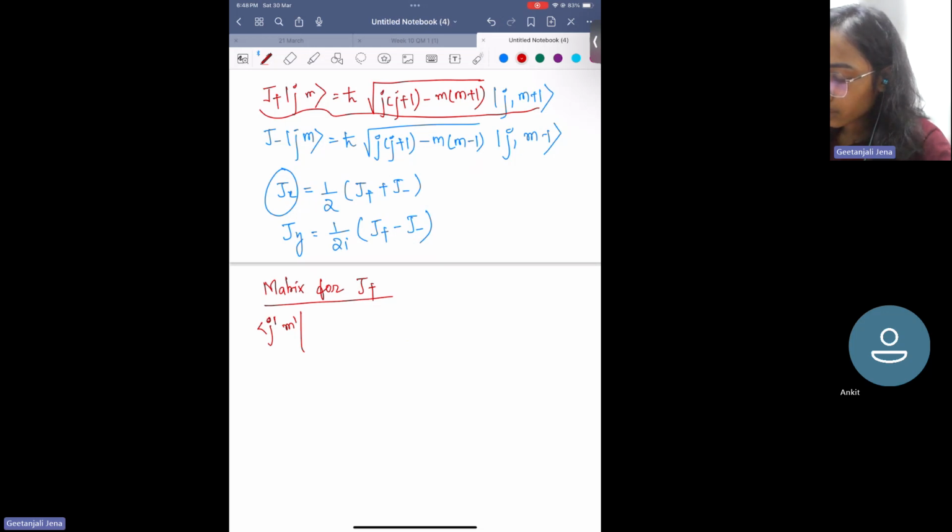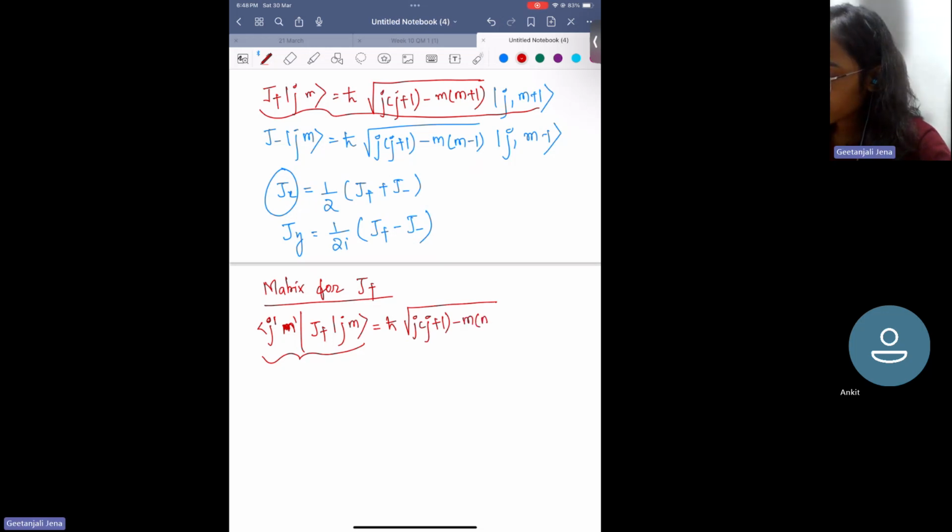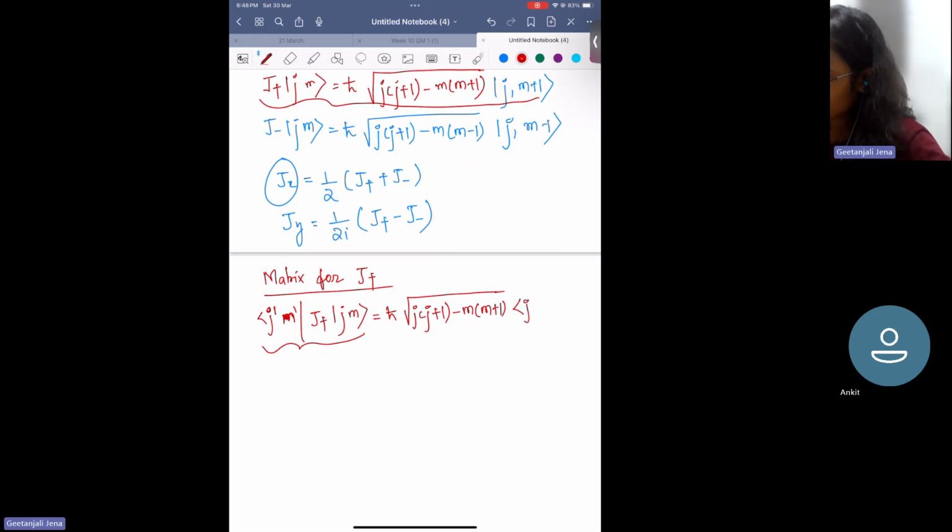For the matrix element we take different J and different M. So this one would be h-cut times the square root of J into J plus 1 minus M into M plus 1, with J prime M prime and J M plus 1. This is nothing but the Kronecker delta, delta J prime J and delta M prime, M plus 1.